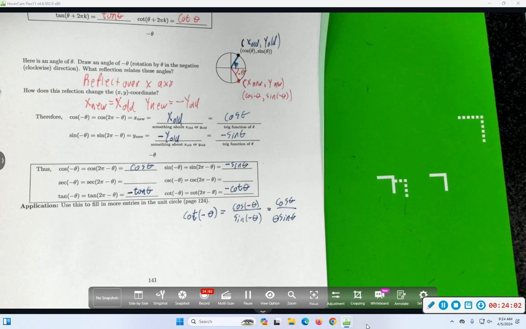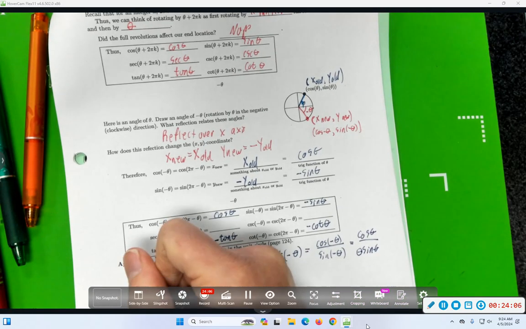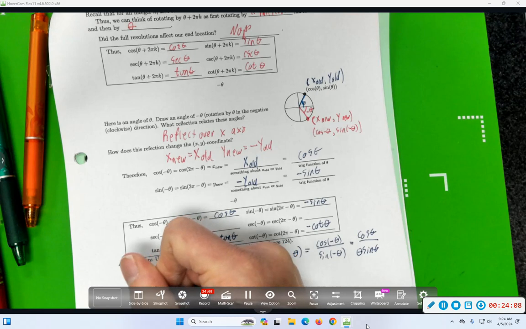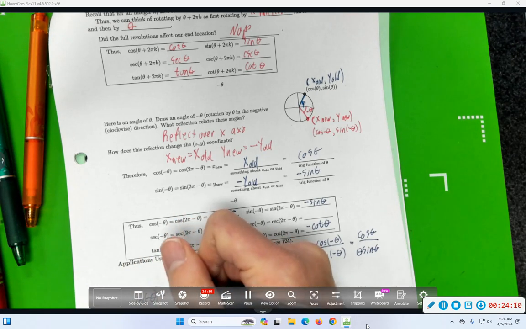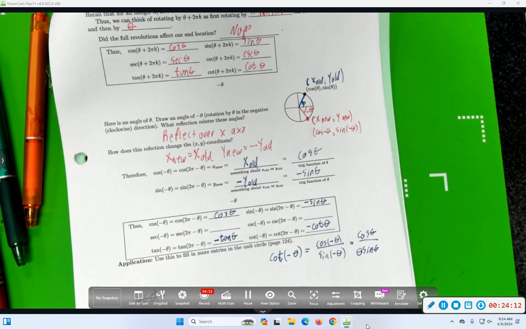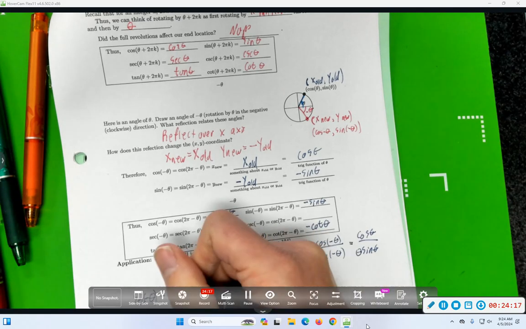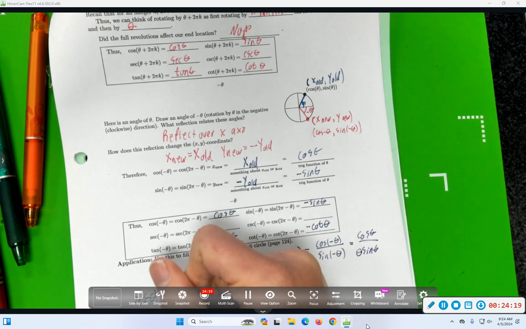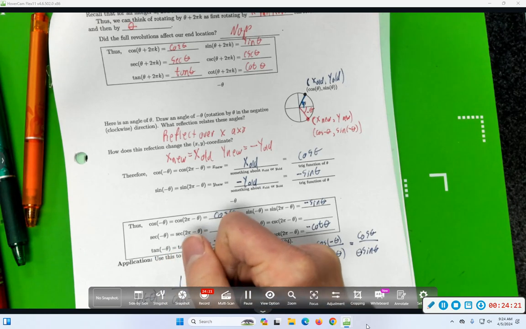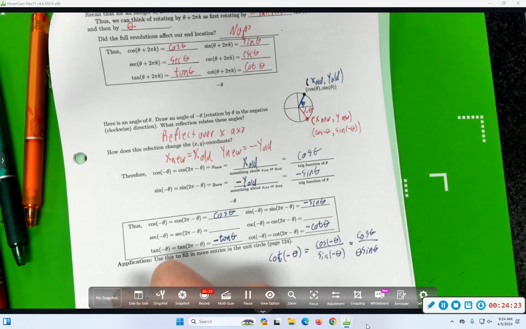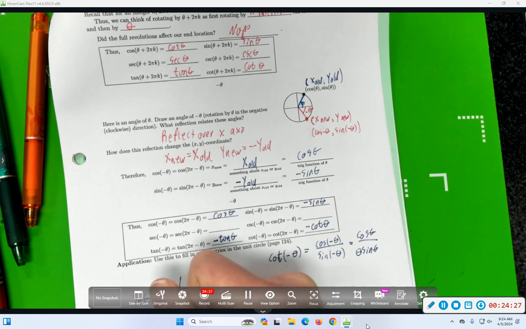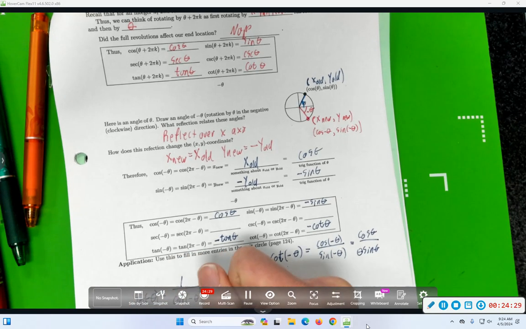Maybe I'll write down the first step. So if I want to work out secant of negative theta, what's secant in terms of sine or cosine? 1 over cosine. How about cosecant? What is that? 1 over sine.